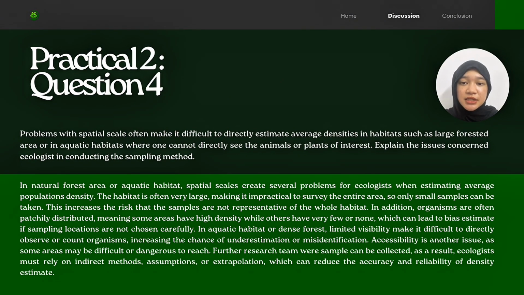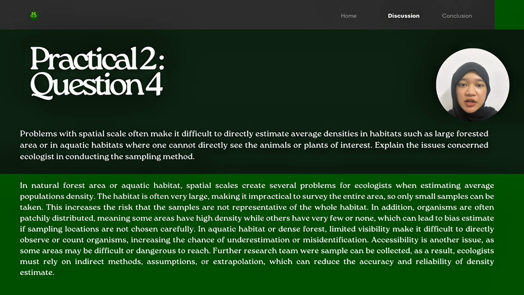The answer is: in large forested areas or aquatic habitats, spatial scales create several problems for ecologists when estimating average population densities. The habitat is often very large, making it impractical to survey the entire area, so only small samples can be taken. This increases the risk that the samples are not representative of the whole habitat.